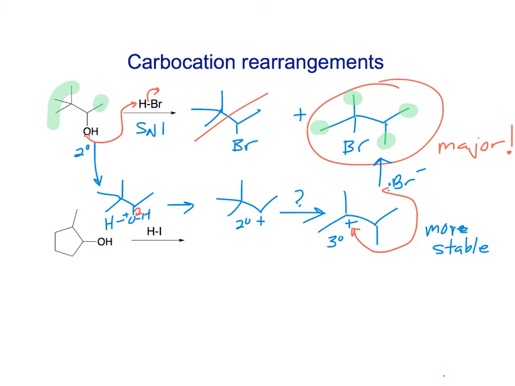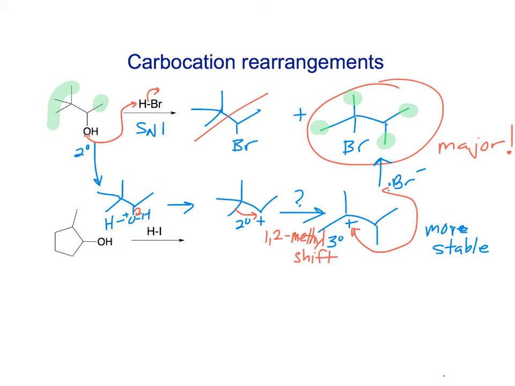So what has to happen? So it looks like one of these methyl groups has to move over. And that's exactly what happens, is the electrons in this carbon-carbon bond can essentially jump over to the next carbon. And this is referred to as a 1,2 methyl shift.